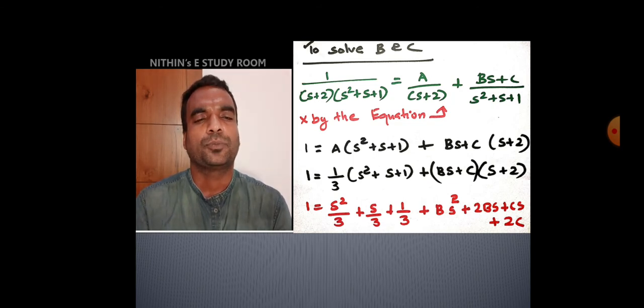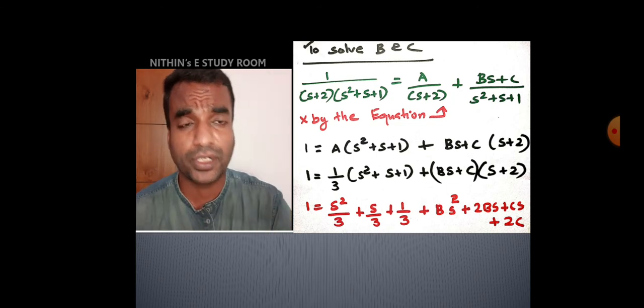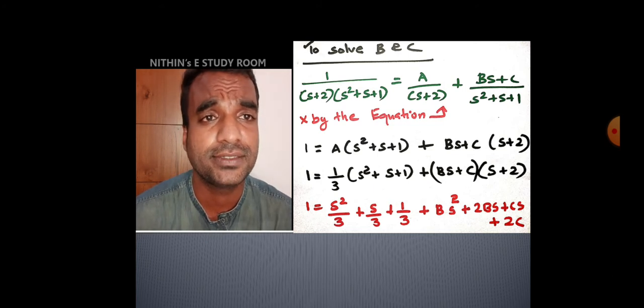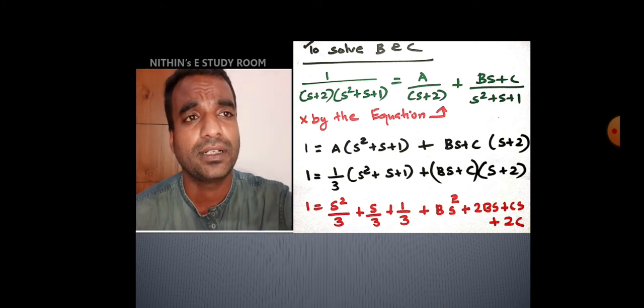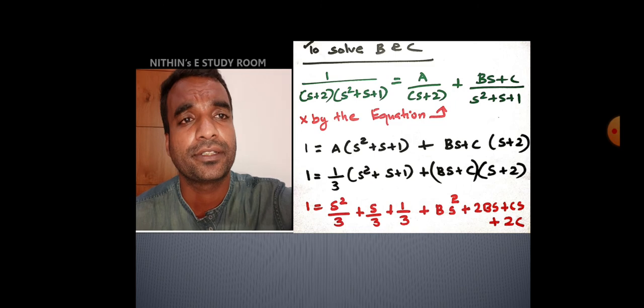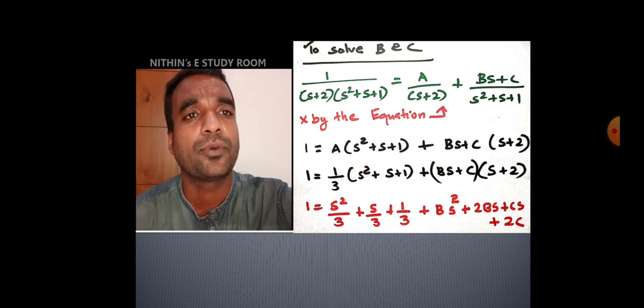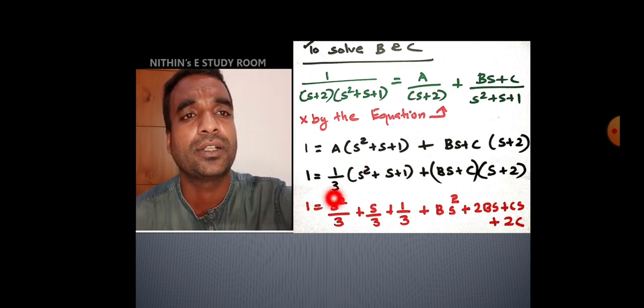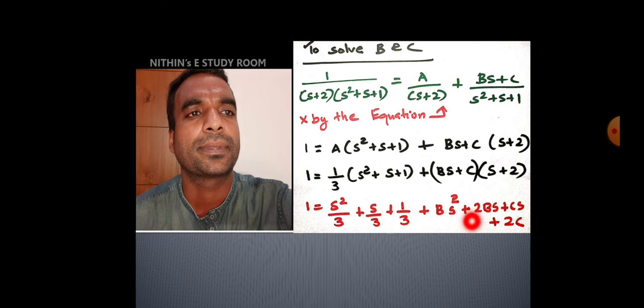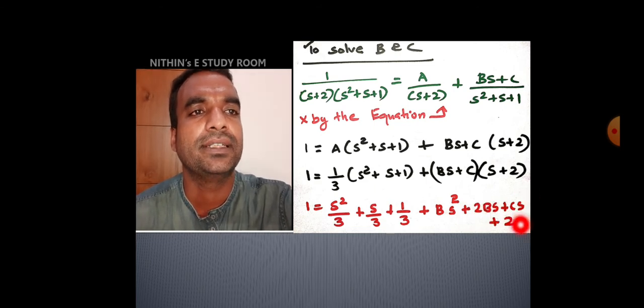So 1 is equal to, put A is equal to 1 by 3, which you already got. 1 is equal to 1 by 3 into the same thing, and I am going to open the brackets. 1 is equal to s square by 3 plus s by 3 plus 1 by 3 plus bs square plus 2bs plus cs plus 2c.